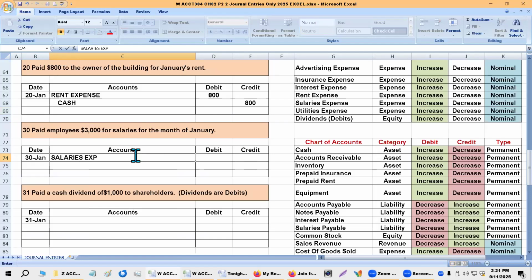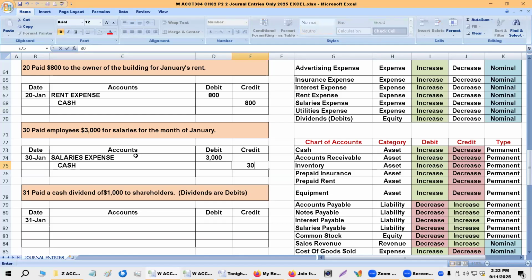And just get used to that: expenses are always debits. Knowing that the debits have to equal the credits, whatever's on the other side has to be the credit. So it makes journal entries a lot quicker, a lot easier. Just remember any expense is a debit.